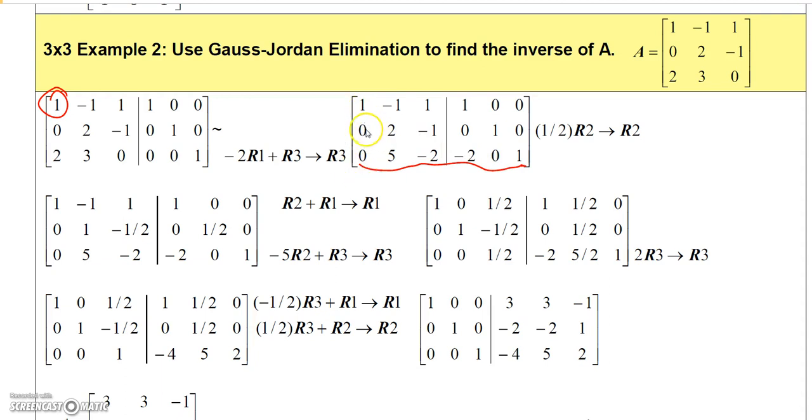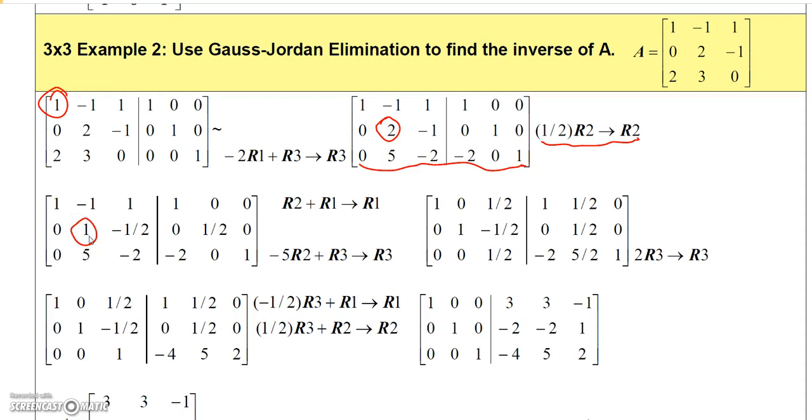So now I want to move to the second row, second column entry, and I need this to be a 1. So to do that, I'm going to multiply row 2 by 1/2. And so I'll do 1/2 row 2 in row 2. So now if I multiply everything in row 2 by 1/2, that'll make this a 1.